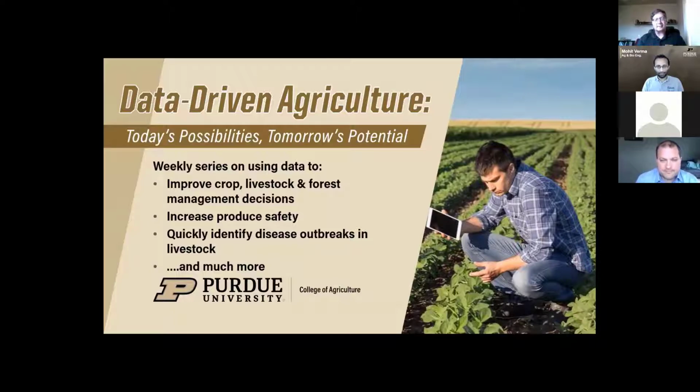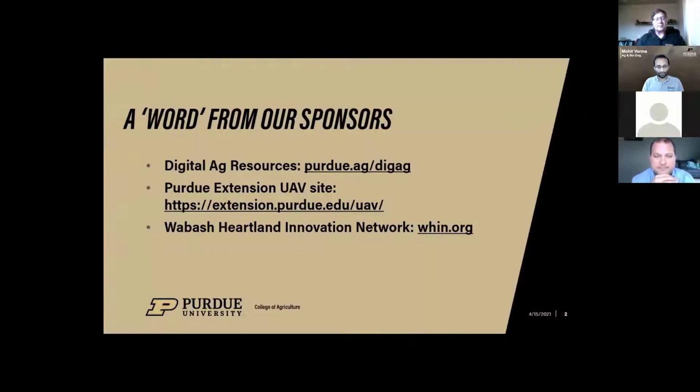This work is, of course, Purdue sponsored. You can tell from the logo and the color scheme, two of our favorite colors, black and old gold. We have a Digital Ag Resources website that archives all of these, as well as a very good directory of who's doing digital ag things at Purdue, resources at Purdue and beyond, and our educational programming, formal and informal.